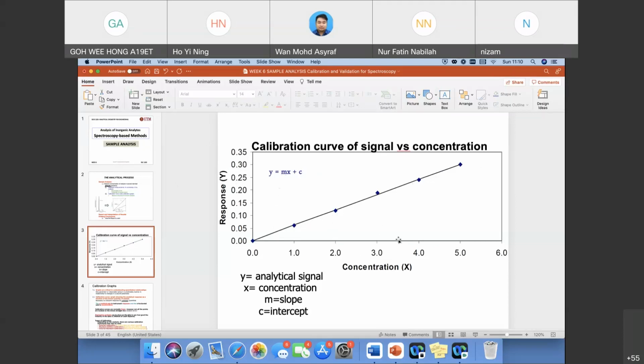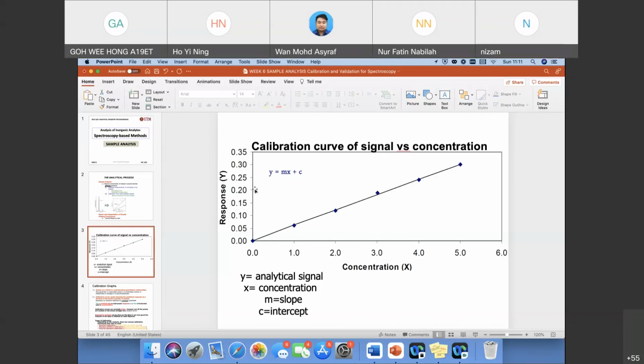So the function of calibration curve is a simple thing. Now you have your unknown sample, you don't know the concentration, so you do this analysis. Suddenly the unknown gives you a response at 0.2. So when you have your 0.2 here, response from your unknown, you just go back to the calibration curve.